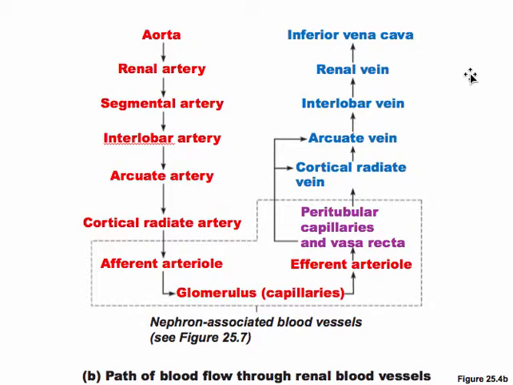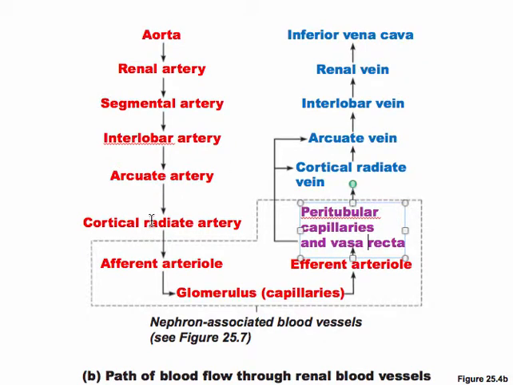One of the other things on this slide that I want you to see, and also as you copy down the flow of blood in your notes, is realize if you know the flow of blood on one side, you'll know it for the other. As you can see, we have a renal artery and a renal vein. We have an interlobar artery, an interlobar vein. We have an arcuate artery, an arcuate vein.